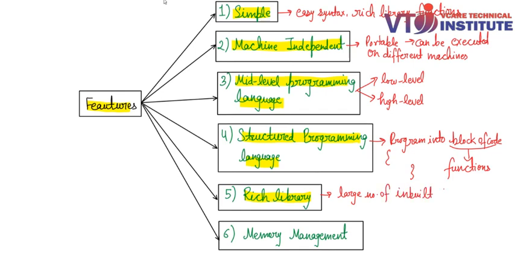Next, it has memory management, which means it allows you to perform dynamic memory allocation or reallocation. So it has the advantage of memory management. So these are the features of the C programming language and why we have chosen C as a programming language.